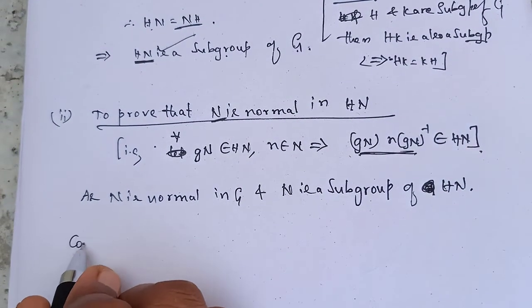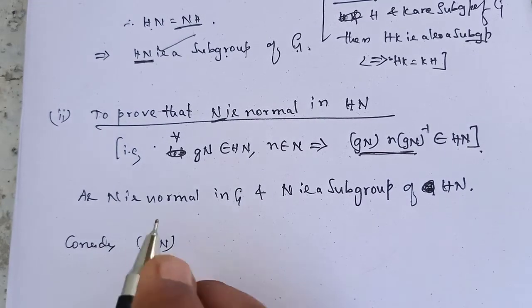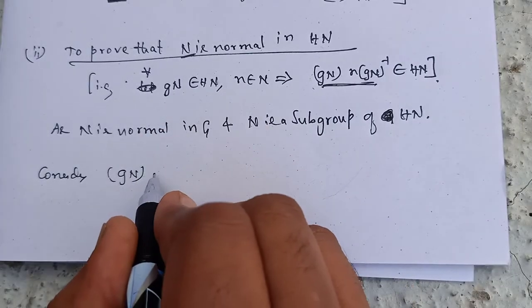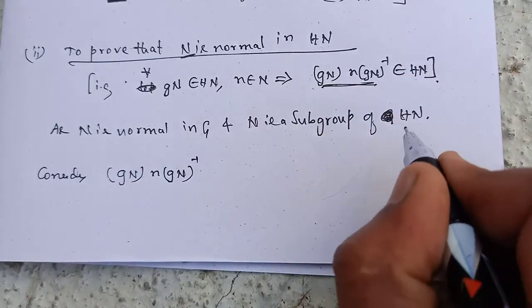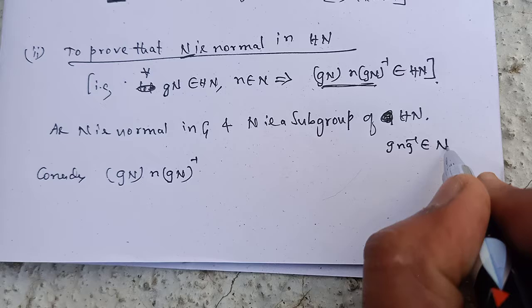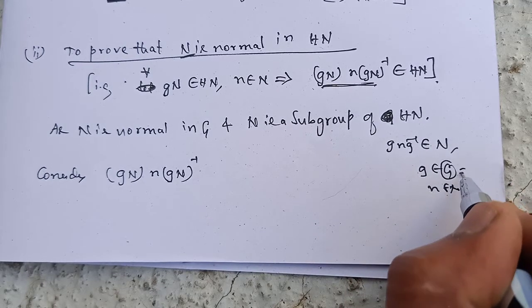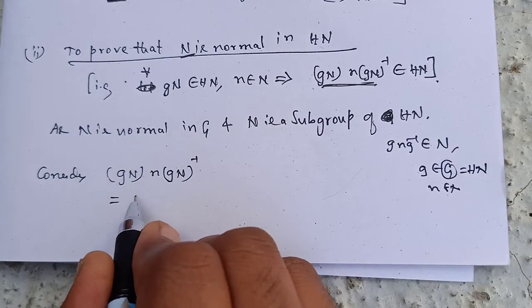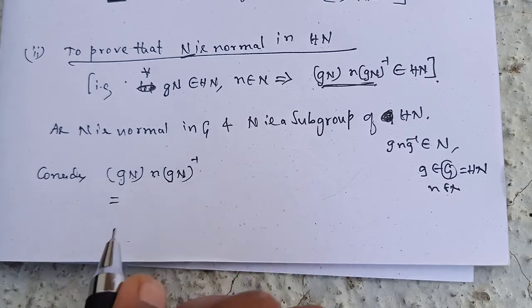That is, consider gn n (gn) inverse, where g belongs to G, n belongs to N. But in place of g we have hn, which can be written as gn times n times (gn) inverse.